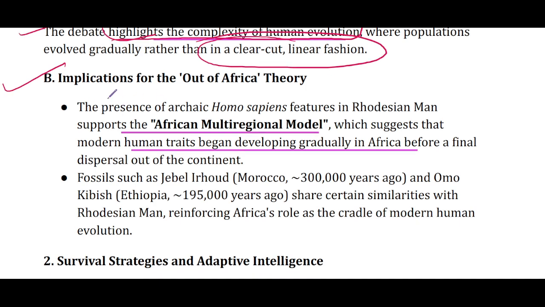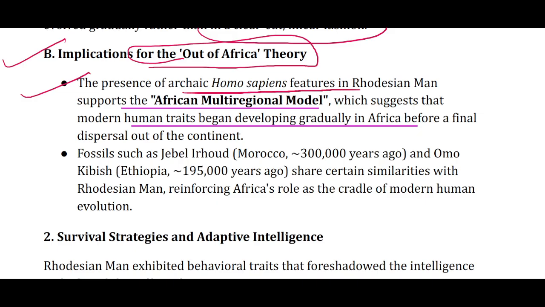Now, the second implication is for the out of Africa theory. So, the presence of archaic Homo sapiens features in Rhodesian man supports the African multi-regional model, which suggests that modern human traits began developing gradually in Africa before the final dispersal out of the continent.